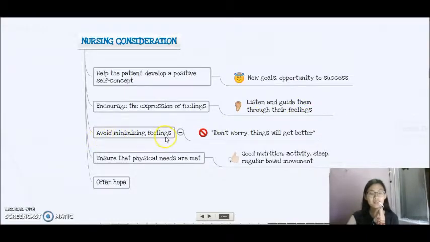Avoid minimizing feelings by telling them, "Don't worry, things will get better." Besides that, we should ensure that their physical needs are met, because patients should have good nutrition, activity, sleep, and regular bowel movement. Lastly, we should always offer hope to our patient.